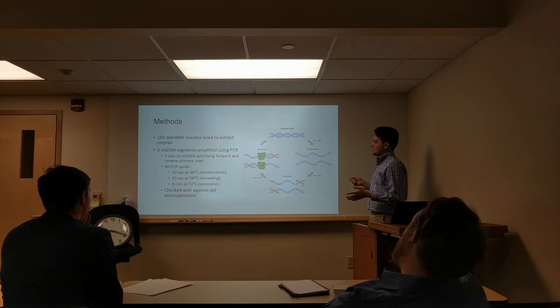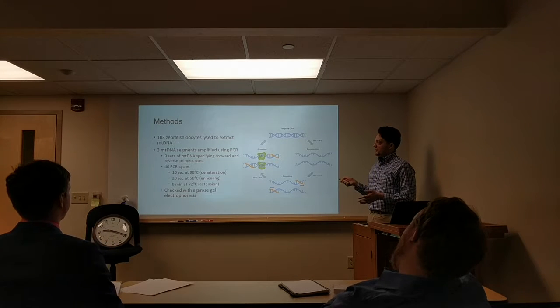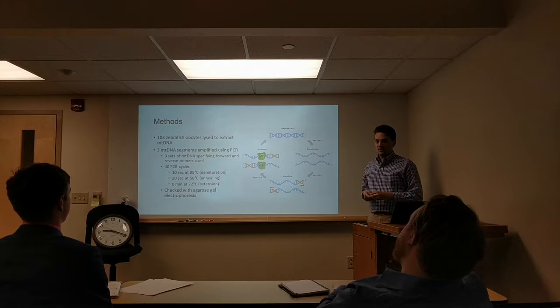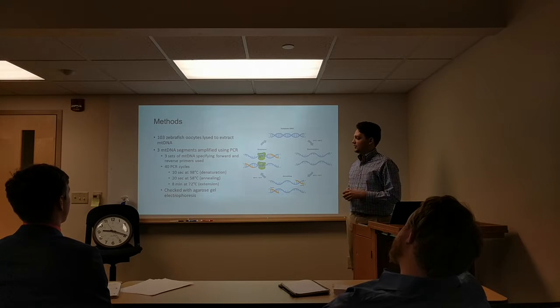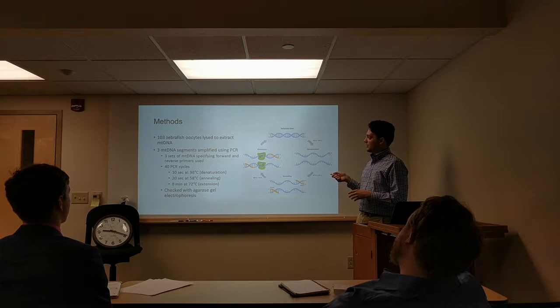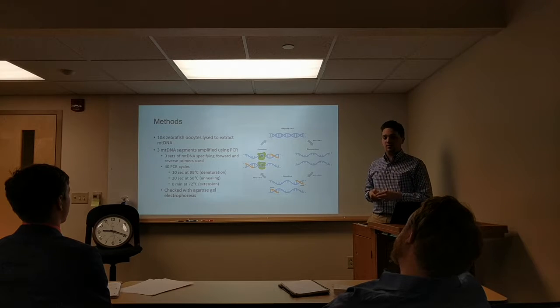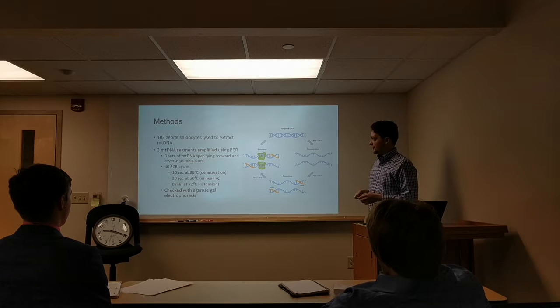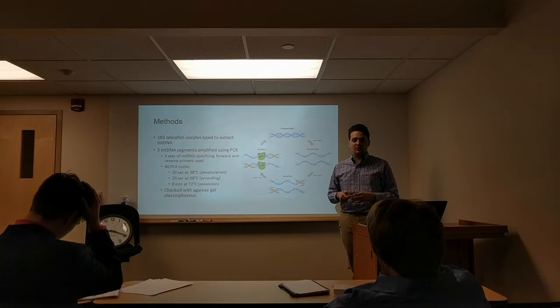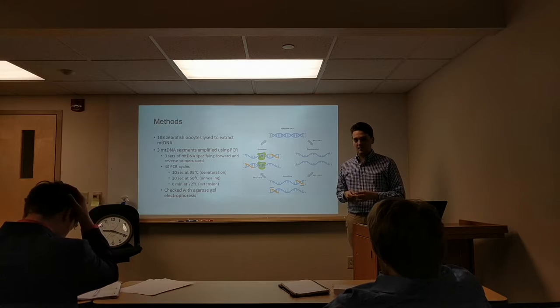To start, they needed oocytes, and the researchers decided to use zebrafish oocytes. Zebrafish is a model organism used in many different branches of science, and its oocytes have mtDNA that is very similar to humans. They collected 103 oocytes from zebrafish and lysed those oocytes so they could extract the mtDNA.